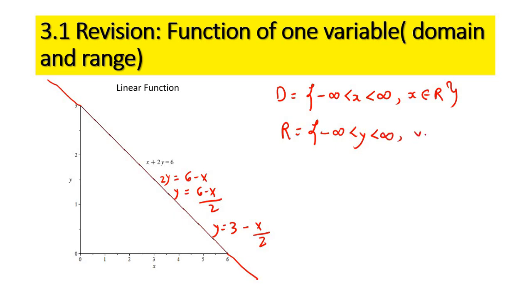Yes, positive. But this one is still revision. If you cannot understand domain and range of a function of one variable, then when I move to the actual content, function of several variables, you will also start with the same problem, you will be blur. For a function of two variables, your domain is the xy value, the range is the z value, you will be even more confused. So make sure you understand function of one variable.